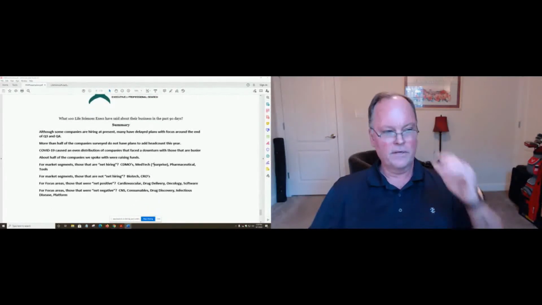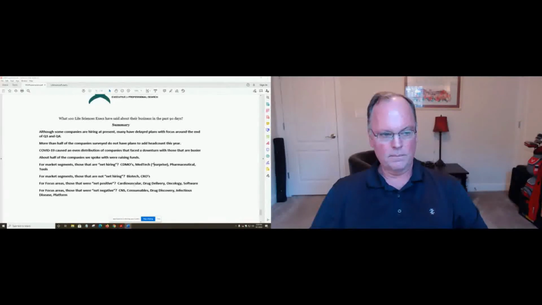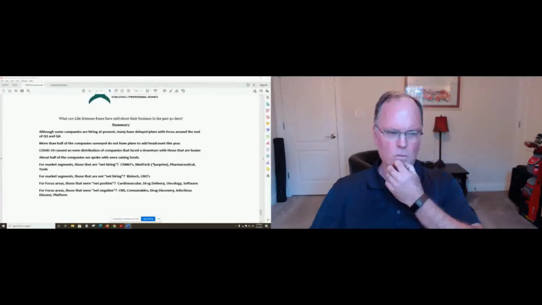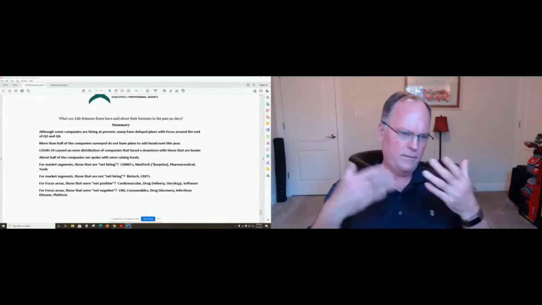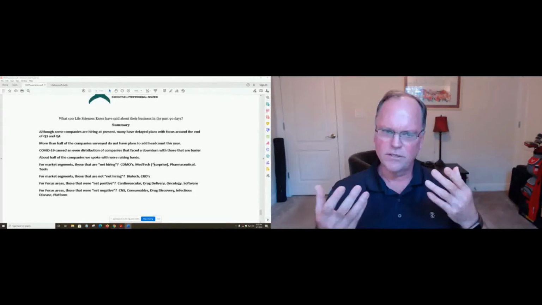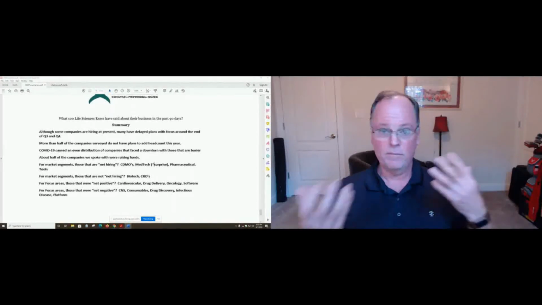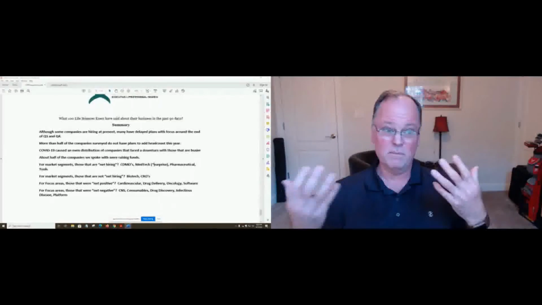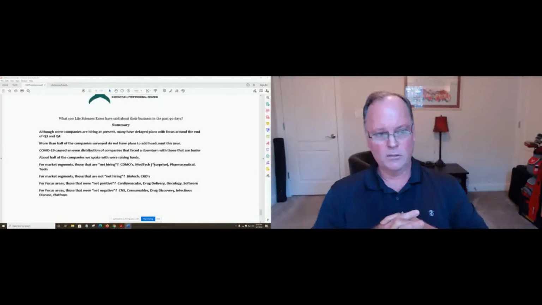And then the focus areas that were net positive: cardiovascular, again maybe a little bit of a surprise in that some of those trials one would think would have been delayed. Oncology, not surprising at all. Oncology, by and large, from the people I've talked with, has not seemed to really skip a beat. Drug delivery technologies remain strong, and software we've talked about.